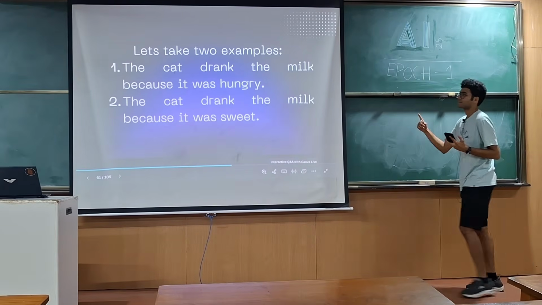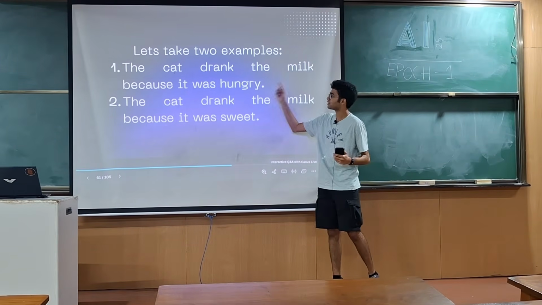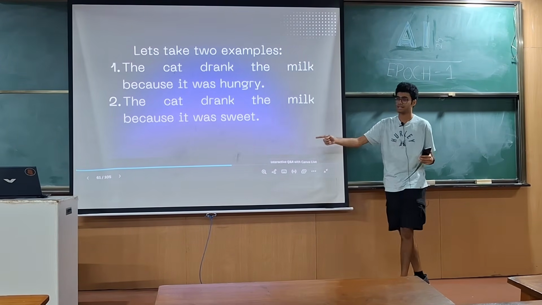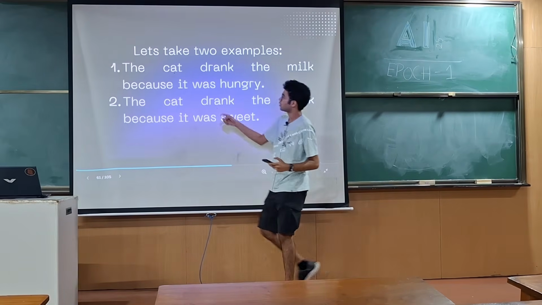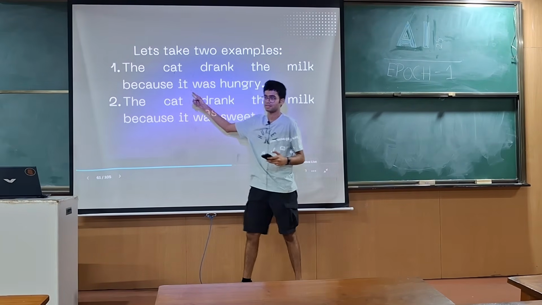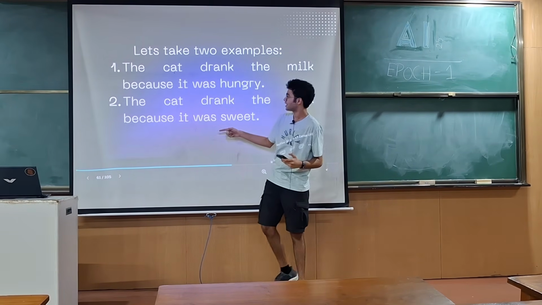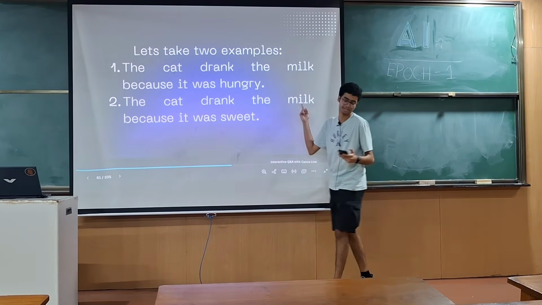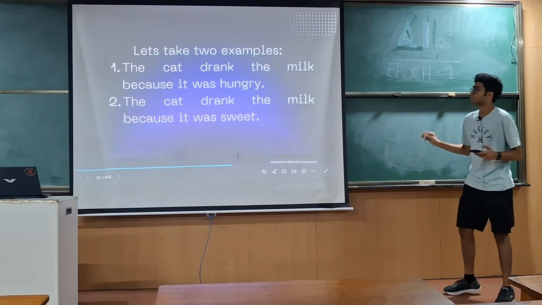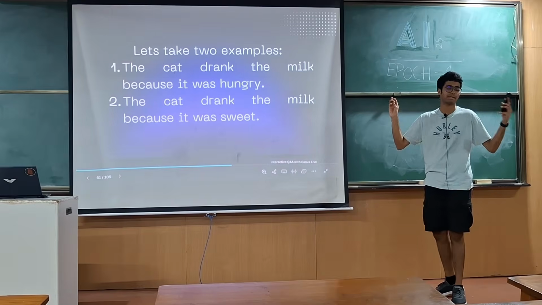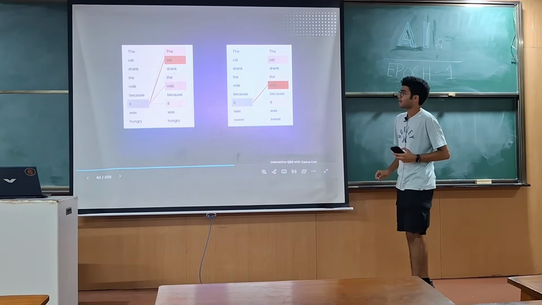Okay, let's take two examples. The cat drank the milk because it was hungry. The cat drank the milk because it was sweet. What does "it" here correspond to? The cat. And what does "it" here correspond to? The milk. Right? For now, assume there's some mechanism called the attention mechanism, and I've run it on these two sentences.